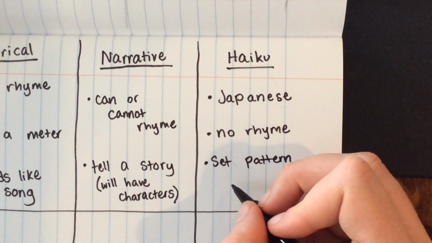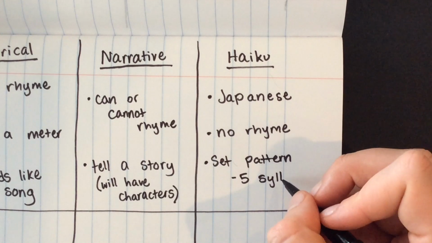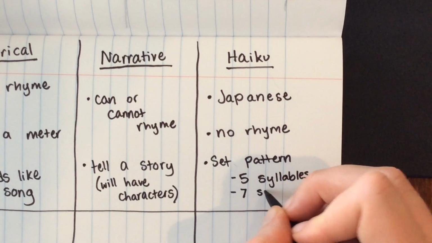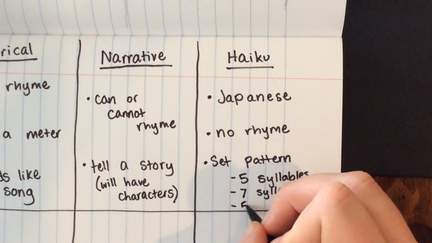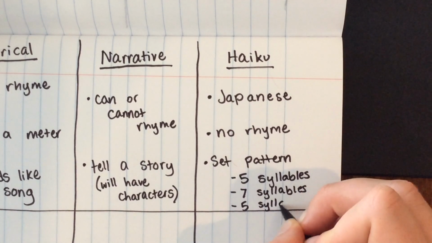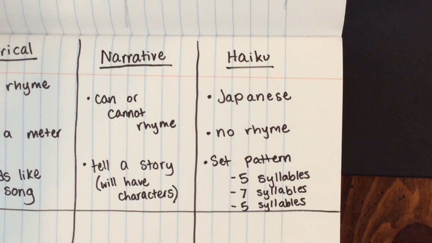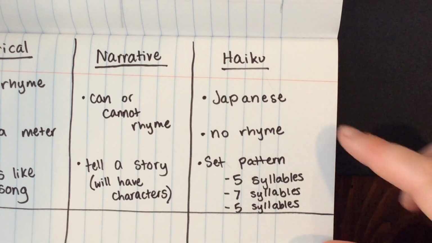And that set pattern is the first line has 5 syllables. The second line has 7 syllables. And the third line has 5 syllables. So this poem only has 3 lines in it. If it has more than 3 lines, it is not a haiku. And we're going to work on more haikus later on in writing. But right now, we'll just talk about that it does have a set pattern.